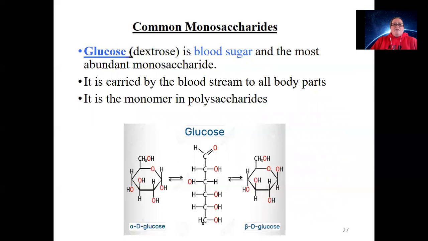So glucose is also known as blood sugar. It's also known as grape sugar, and it is the most abundant monosaccharide. Our polysaccharides are made of glucose. It is carried by the bloodstream to all body parts, and it is the monomer. It is that unit that gets repeated in our polysaccharides.